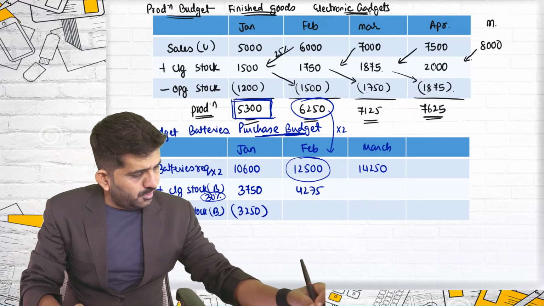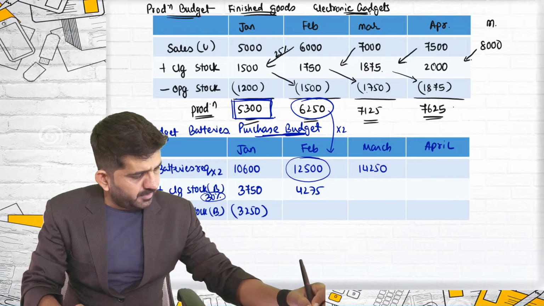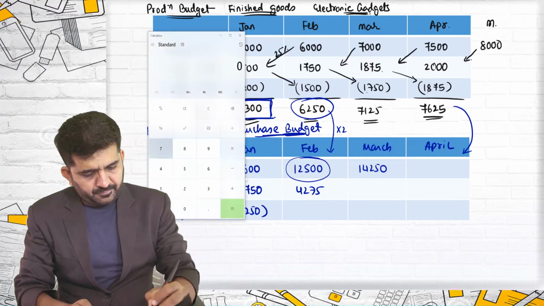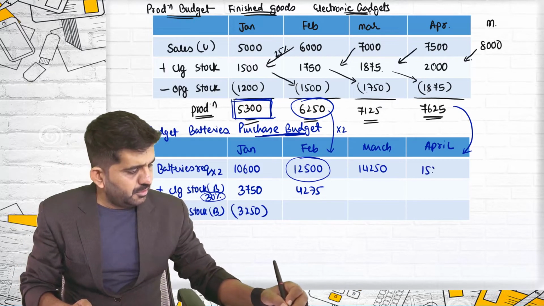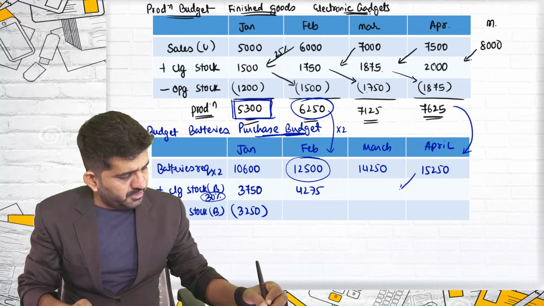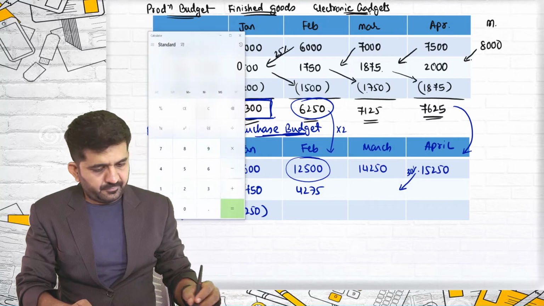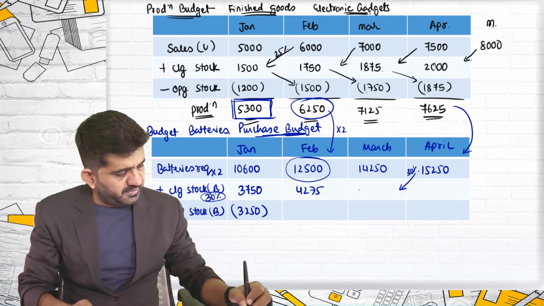And I know the April figure also, right? They have not told us to find it out, but I know it. It is 7,625 multiplied by 2, which is 15,250. So closing stock required will be 30% of this, 4,575.